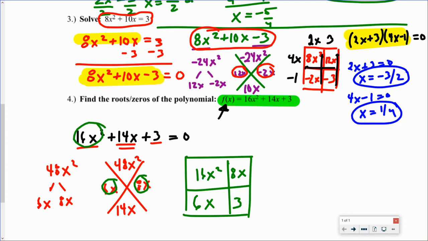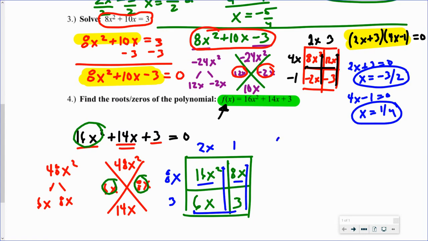Now the GCFs of the rows and the columns. GCF of 16x squared and 8x is 8x. GCF of 6 and 3, positive 3. GCF of 16x squared and 6x is 2x. And then the GCF of 8 and 3 is positive 1.